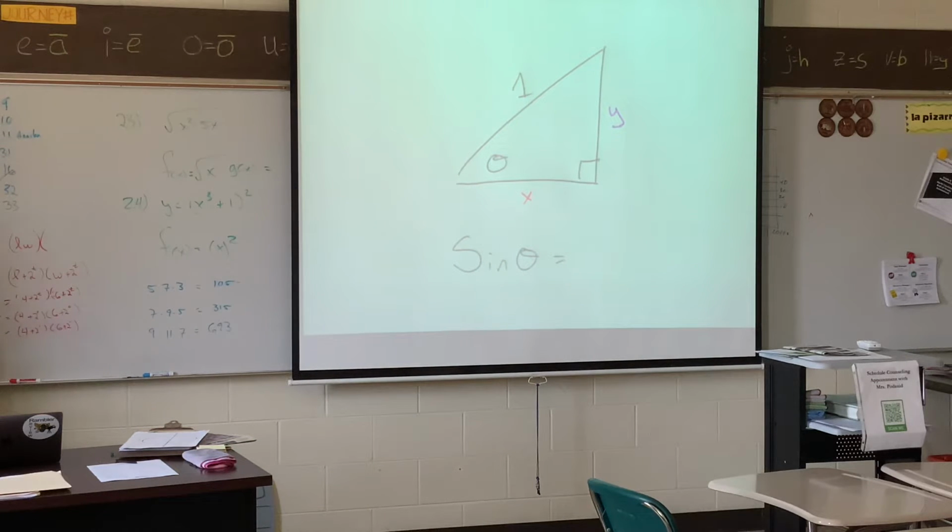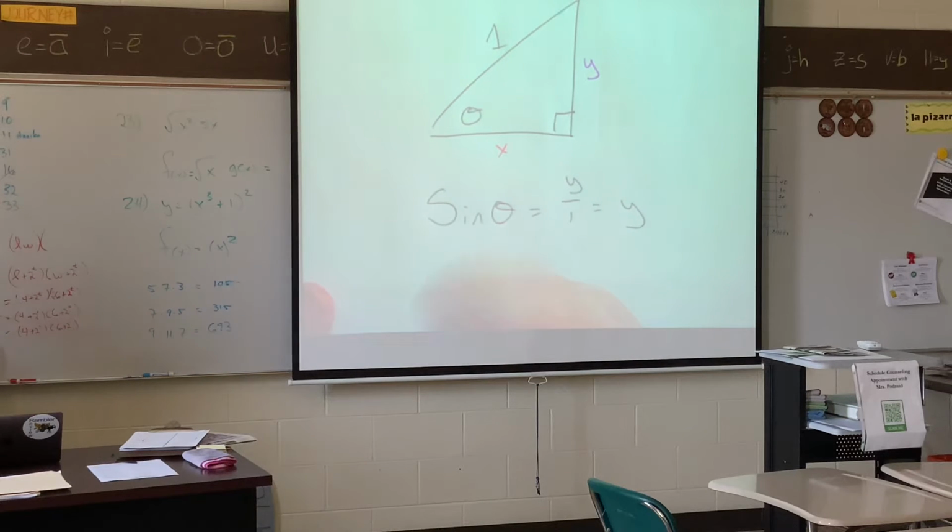Okay. Let's get a little remedial on this. What's my definition of sine looking at that triangle? Y over 1, or just y. Which is what we studied, and that's what's on your unit circle, correct? Nothing new here.